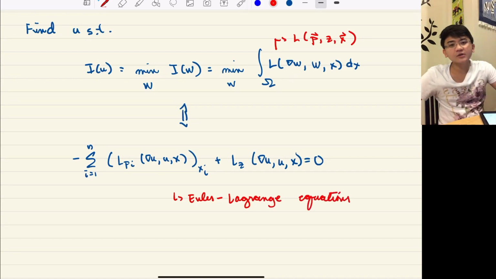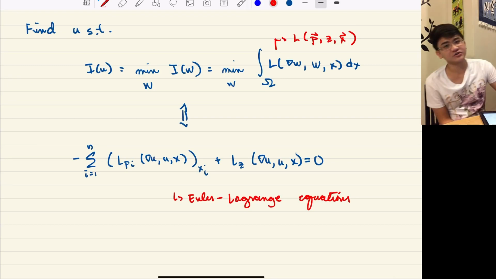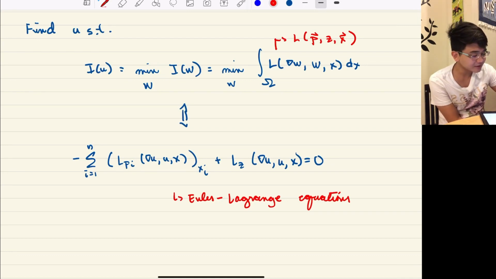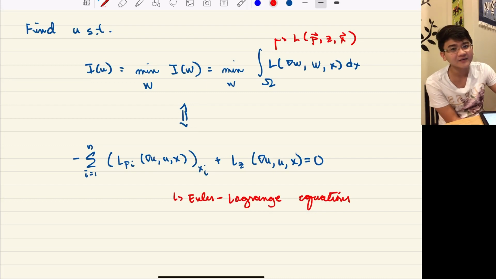They actually look similar to equation star. In particular, it's also a second order elliptic PDE, but this time it's nonlinear. This is a quasi-linear elliptic PDE.